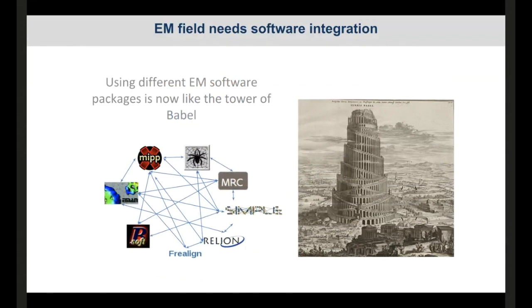First, I will start with some of the problems in the field that motivated us to start working on this project in the first instance. I always use this slide, and I call it the Tower of Babel in terms of software packages. It's a good thing in one sense that we have many options and many tools that we can use in Cryo-EM data processing.